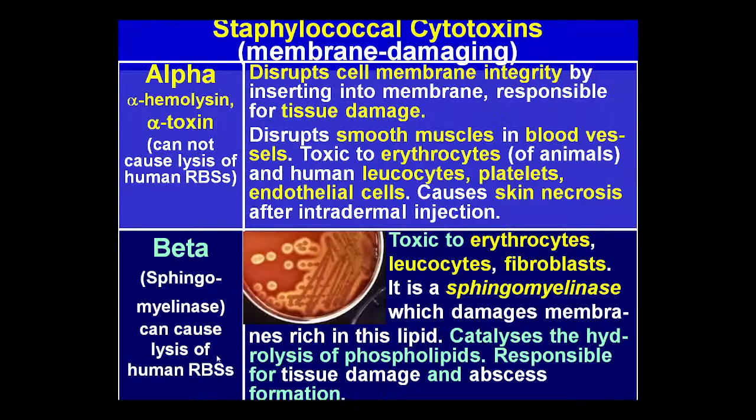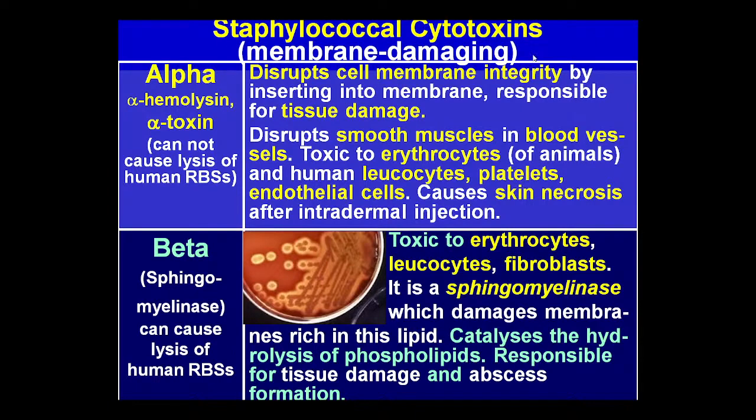Now we take a look at the staphylococcal toxins, cytotoxins. These are very important virulence factors, mainly attributed to soft tissue and muscle infections. So we have a group of cytotoxins, and they all have a similar mechanism of action that is called membrane damaging toxins.